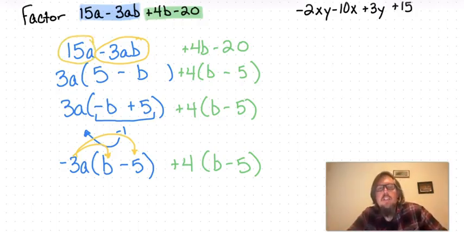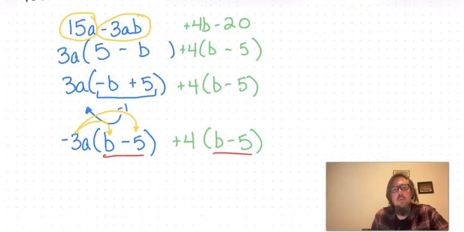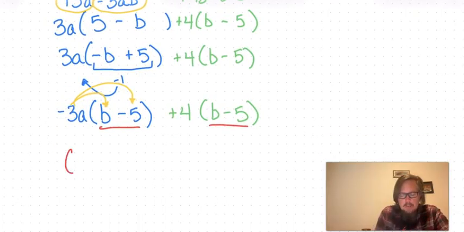Yes, I do. So I'm still getting the same thing by factoring out a negative 3a and switching the signs. Now I had to do that because I needed these two parentheses to be the same, b minus 5 and b minus 5, because once the parentheses are the same, that's my first set of parentheses.